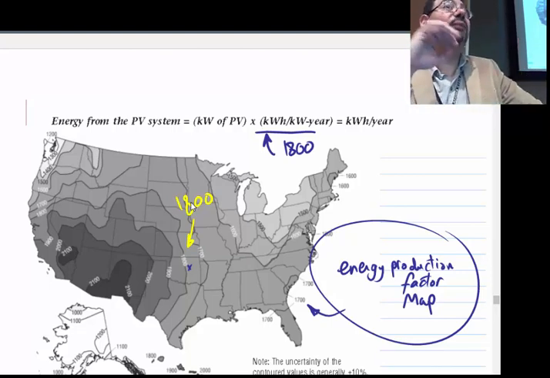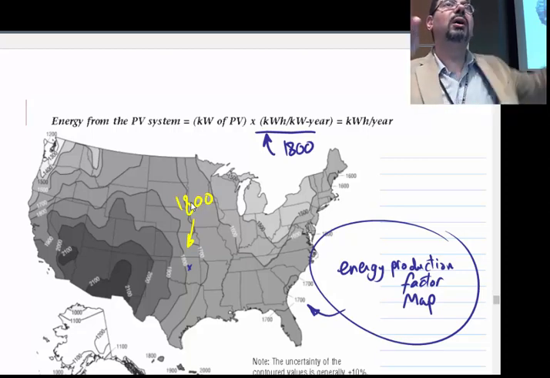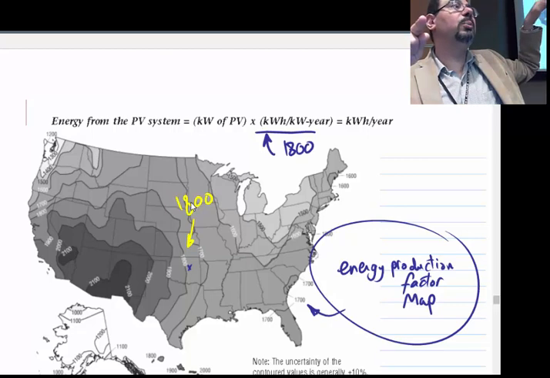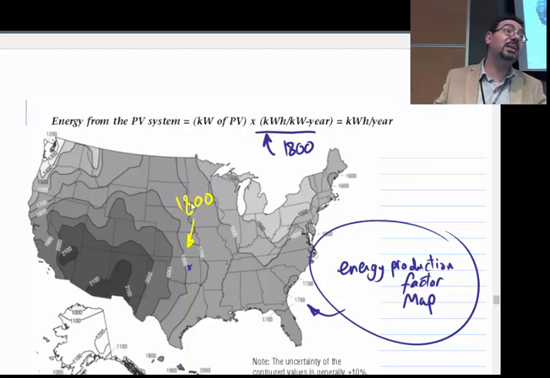But that's not really fair for the grid, because again, as we explained before, in order for the grid to be ready for you, when you shut down your PV panel because it's cloudy, it's raining, it's whatever, the grid needs to have the capacity to supply your house at full rate without you running your system, and that costs money.